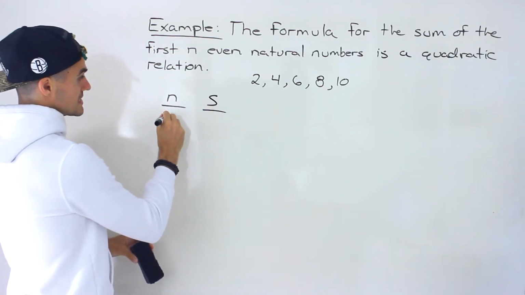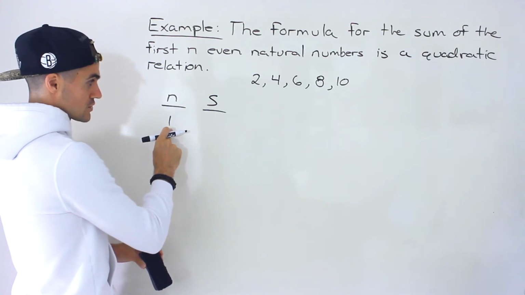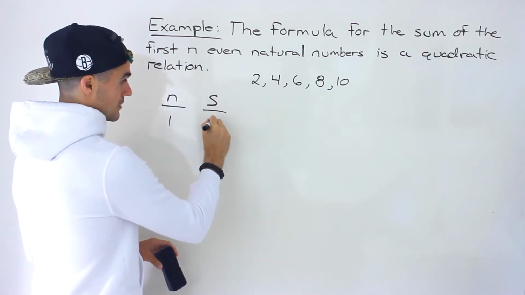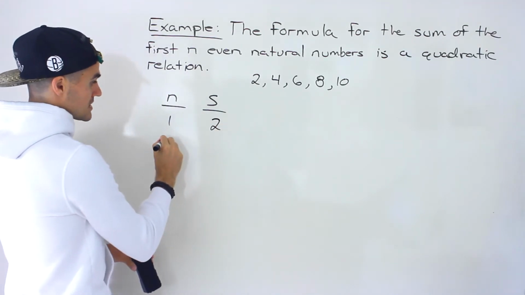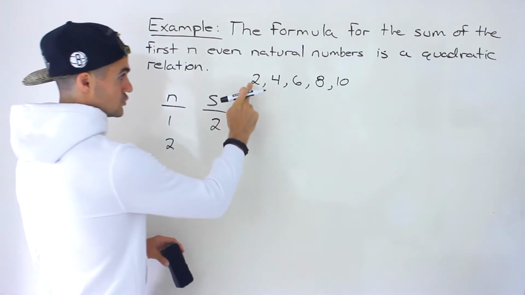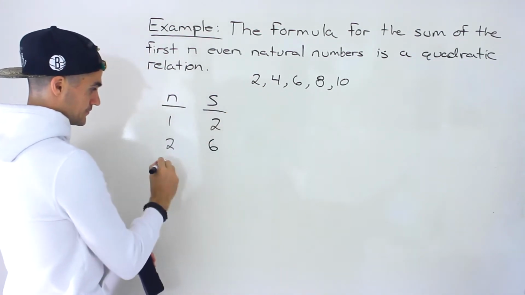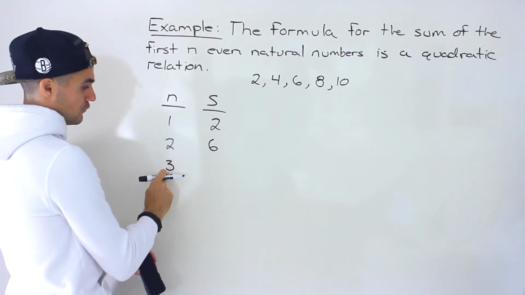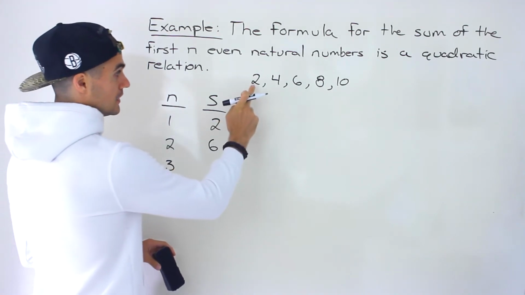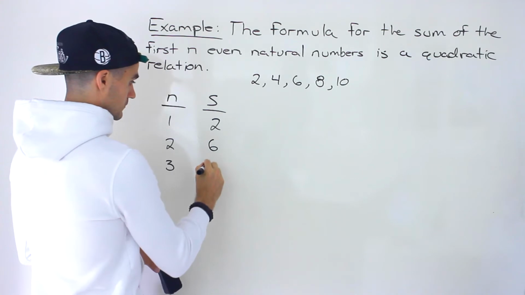So what's the sum of the first natural number going to be? Well, the first even natural number is just 2, and the sum of that is just going to be 2. What's the sum of the first 2 even natural numbers going to be? 2 plus 4, which gives us 6. What's the sum of the first 3 even natural numbers going to be? 2 plus 4 plus 6, which would be 12.